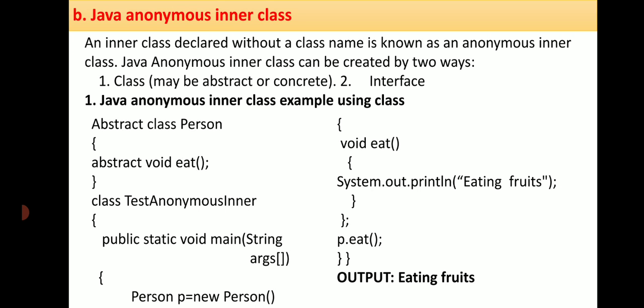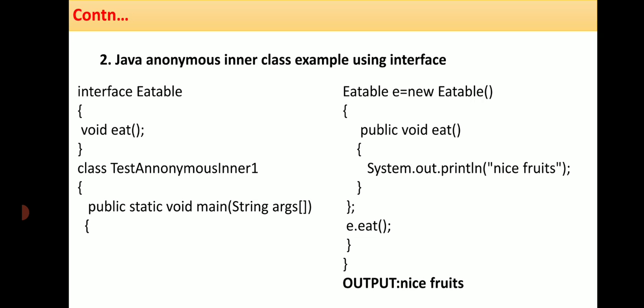Now we can see how we can implement an interface by using this anonymous inner class. Here we define one interface, named Eatable, with void eat. Then we define one more class, TestAnonymous, and in it we define the main method.